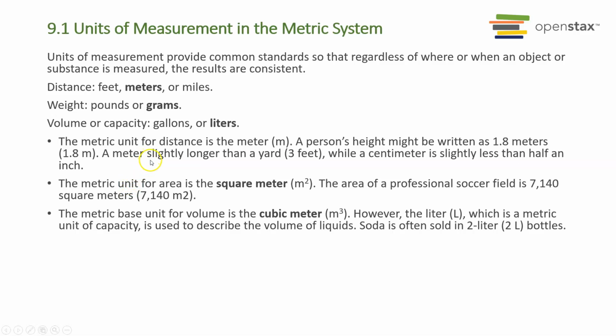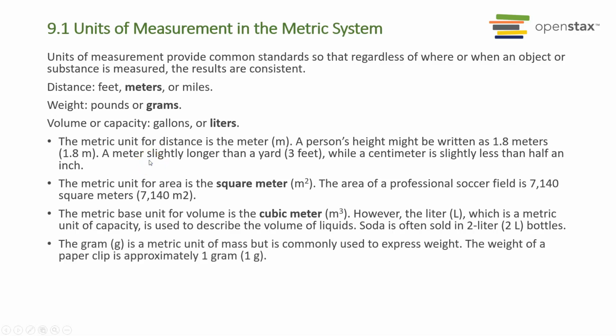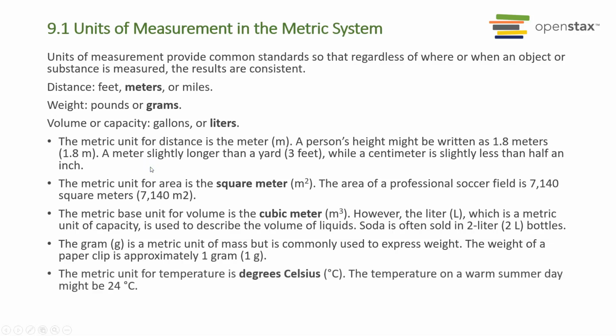Soda is often sold in 2-liter bottles, or 2L. The gram is a metric unit of mass, but is commonly used to express weight. The weight of a paper clip is approximately 1 gram. And the metric unit for temperature is degrees Celsius. The temperature on a warm sunny day might be about 24 degrees Celsius.